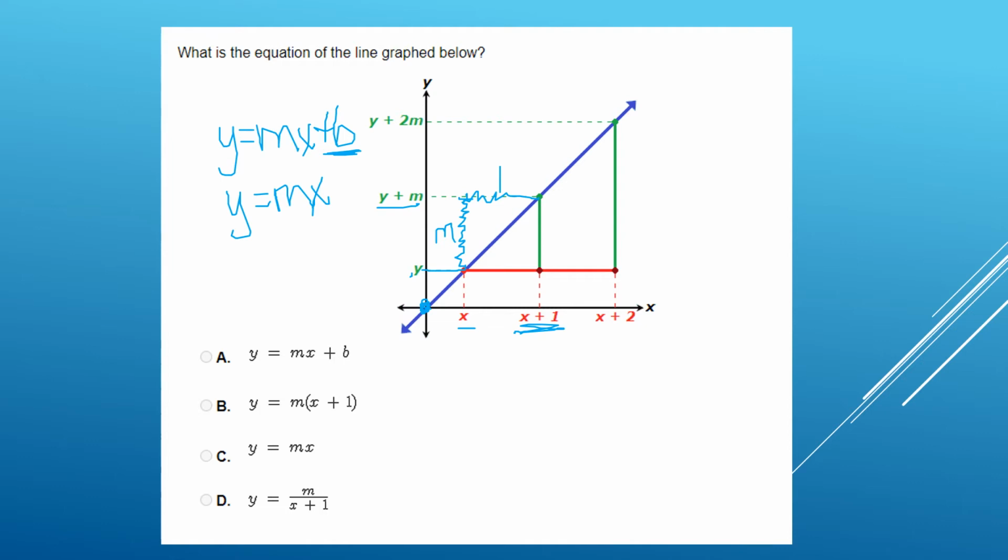So my slope is m over 1. Now, if I gave you 3 over 1, you tell me that's 3. If I gave you 7 over 1, you tell me that's 7. So m over 1 is just m. So that's why this one is y equals mx. So C.